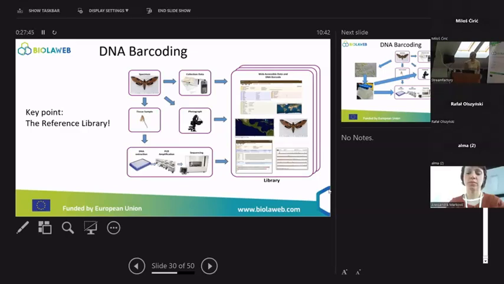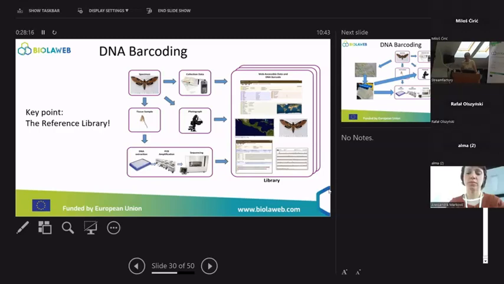You also have photos of the specimen details when you need them to identify it precisely. And you also take a tissue sample from the specimen to do the DNA part, to obtain the DNA barcode with DNA extraction, PCR amplification, sequencing, so that you can also store the DNA barcode in this library.